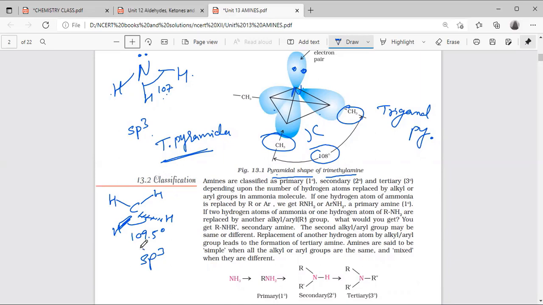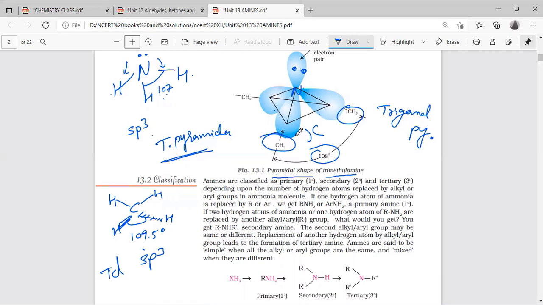Understood? This is the sp3 tetrahedral. Generally 109.5 is the most stable. Because of the lone pair, repulsion is there, the sigma bonds come closer, that's why 107. In the case of methyl groups, big groups are there, so there is repulsion between the groups again.